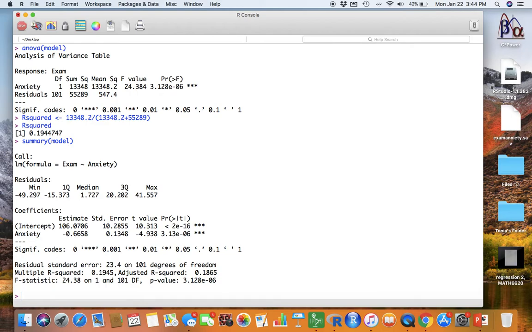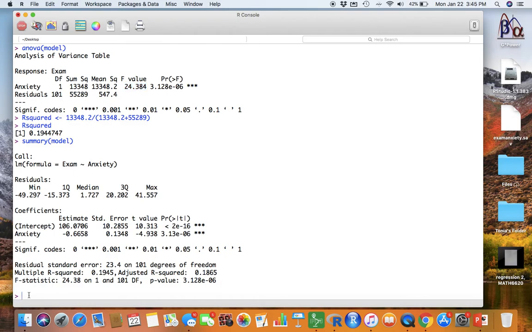And this focuses on not the overall model, but the individual coefficients. Now, when we've got a single predictor model like we do here, you can see that our ANOVA table and our predictor give us the same value. The reason is because the t-distribution squared is the F distribution.